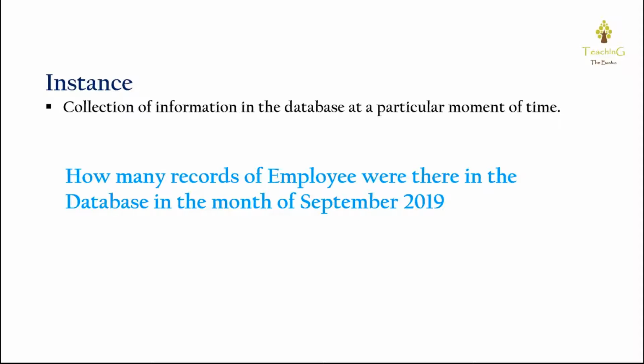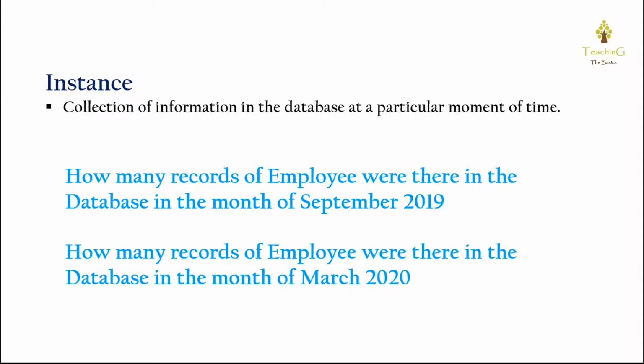Now some fresh recruits were recruited in our organization, let us suppose. So now I want to know how many records of employees were there in the database in the month of March 2020. As we have recruited some fresh employees, let us suppose it grows to 5,000. Okay, now the employees are 5,000.